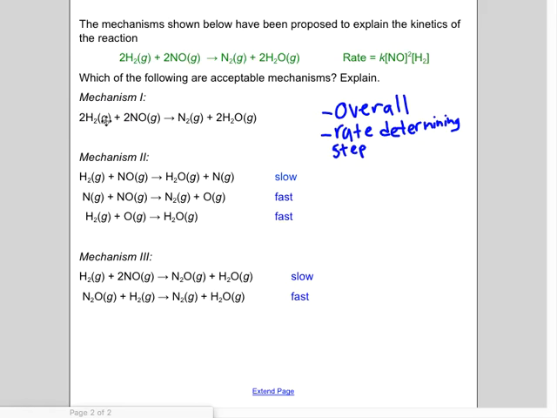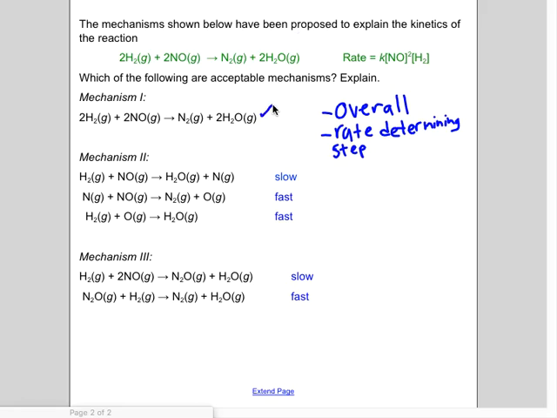So the only step is equal to the overall reaction because there's nothing to add up or subtract or combine because there's just one step. And we can check, and it does look like the reaction here is the same as our actual reaction. So we can say, yes, the overall reaction does match the equation we're trying to get.